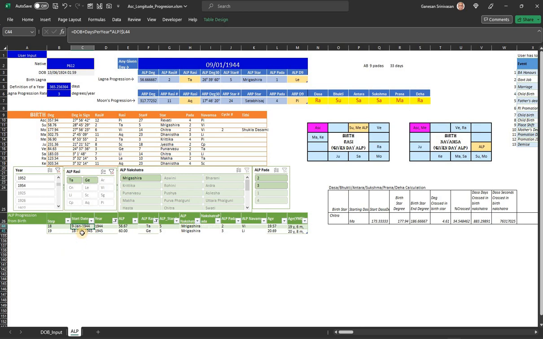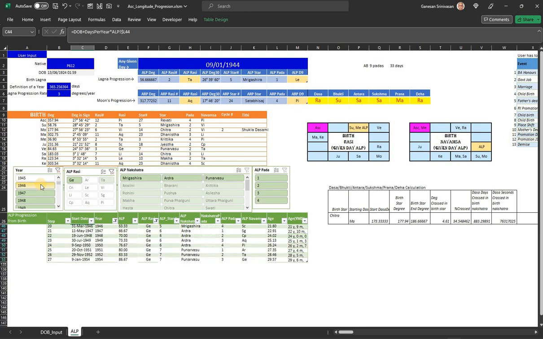For 1945, I don't know exactly in which month. So let us choose 1945 here, maybe even 1946. Sorry, I think I clicked multiple years here. Let me choose just 1945.